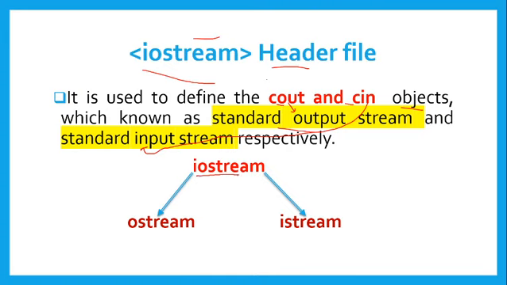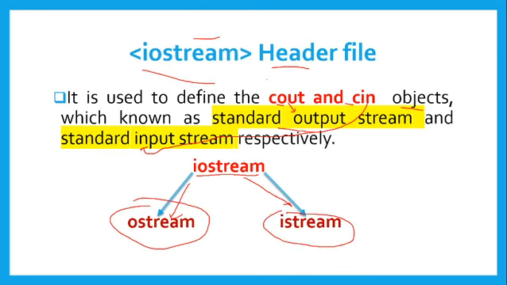Iostream is made of two classes, the ostream class and the istream class. Ostream means output stream class and istream means input stream class. In the ostream class, the object cout is defined, and in the istream class, the object cin is defined.